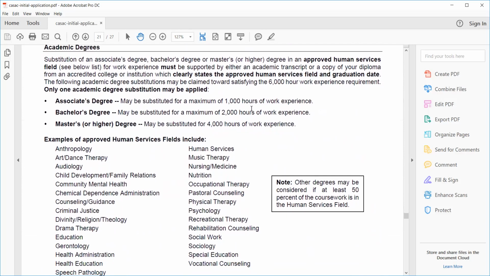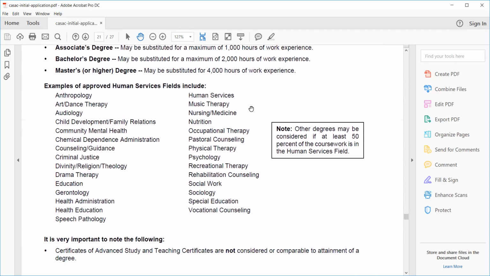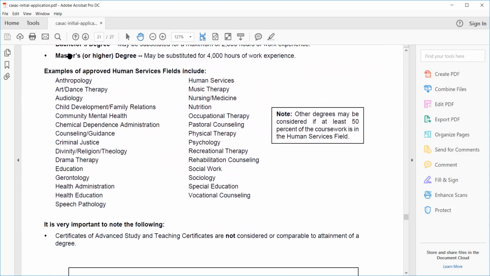I already went over this. We're talking the 6,000 hours, how much your associate's is worth, how much a bachelor's is worth, and how much a master's is worth of this 6,000 hours. Notice here that they say these are examples of approved human services fields. So if you go on for a bachelor's or a master's in a field that is not listed here, you want to get in touch with OASAS and ask them how much they will take of this field that you're getting into.